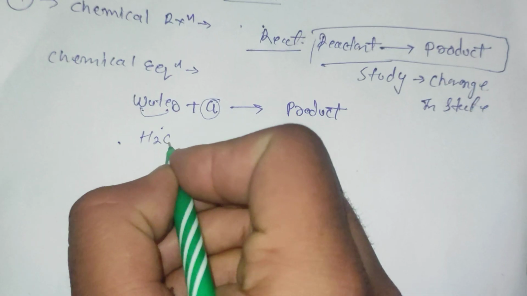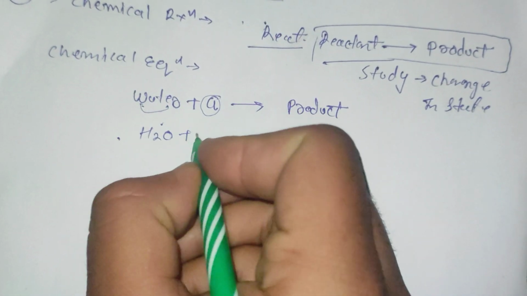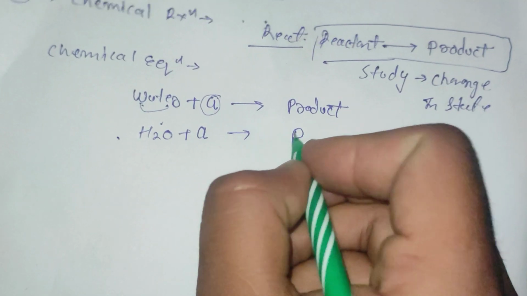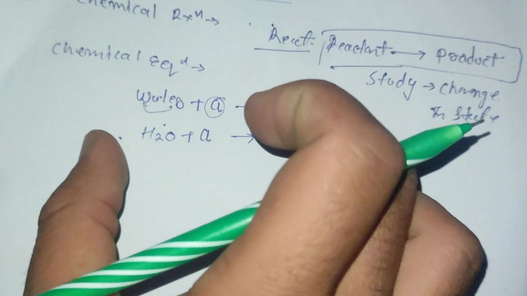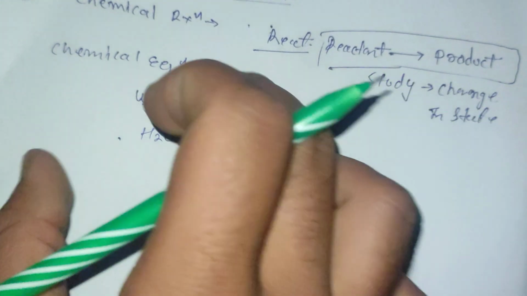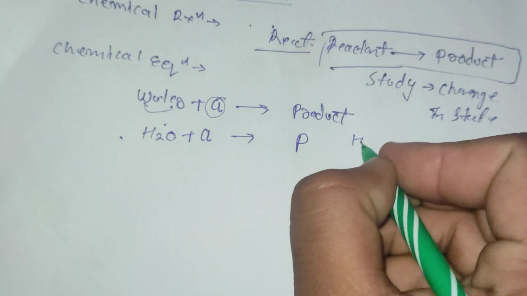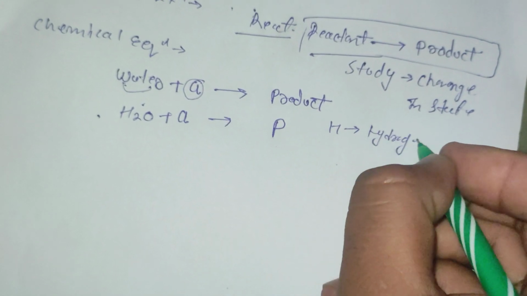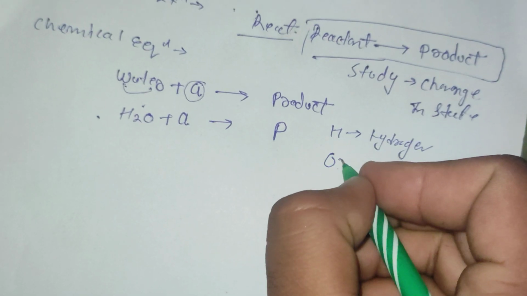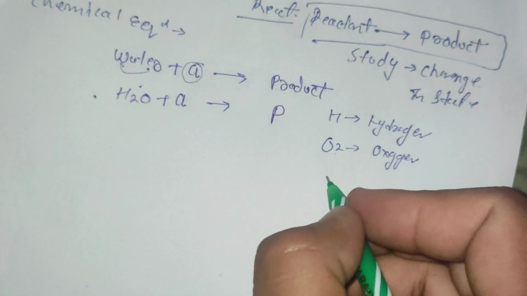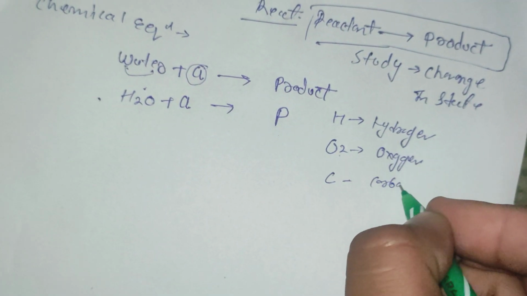For example, H2O for water reacts with A to give, say, product P. We identify the elements involved in the reaction by their known symbols: H for hydrogen, O2 for oxygen, C for carbon.